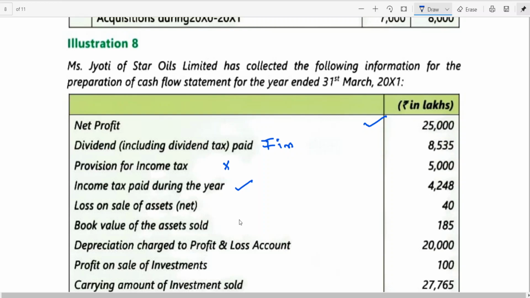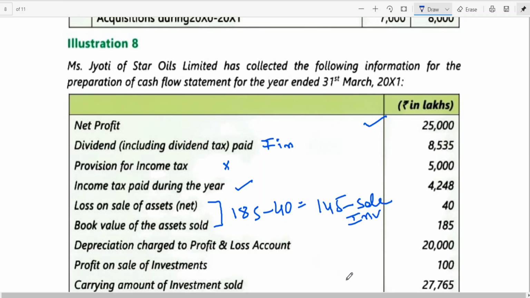Book value of assets sold means, to get the cash outflow, 185 book value minus loss is equal to sale proceeds. What is sale proceeds? 185 minus 40, 145 is the sale proceeds. This will be taken as investing activity.